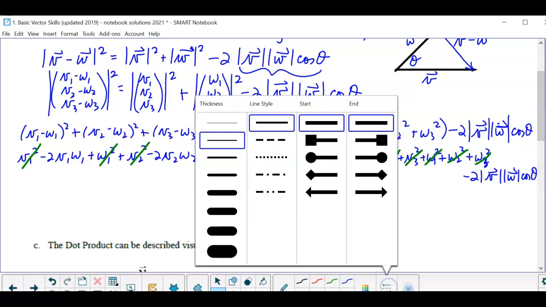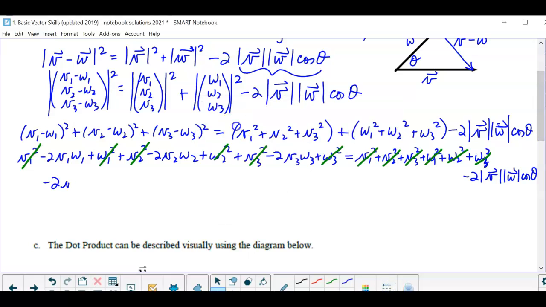So we get negative 2 v1 w1 minus 2 v2 w2 minus 2 v3 w3 equals negative 2 times the magnitude of v and w times cosine theta.